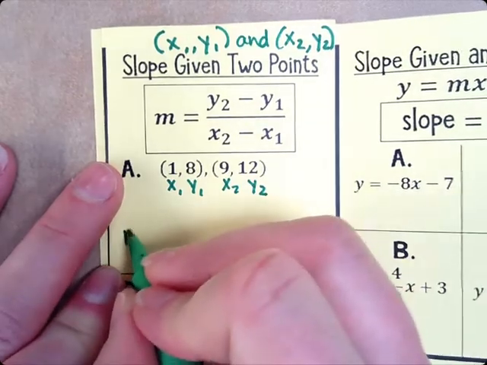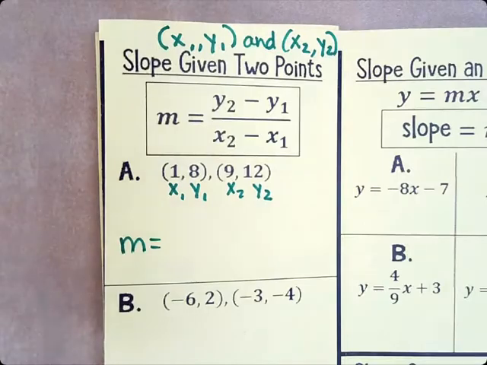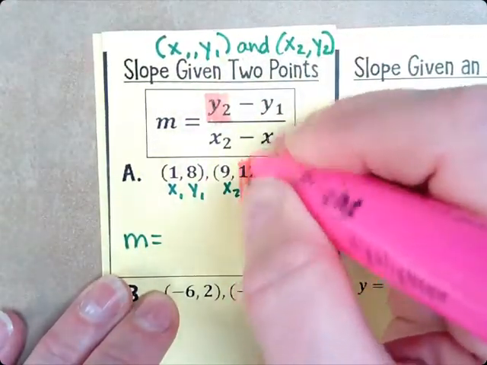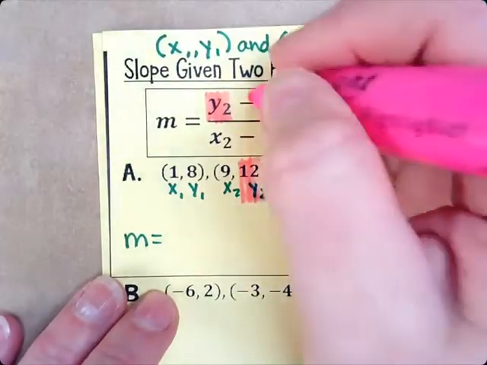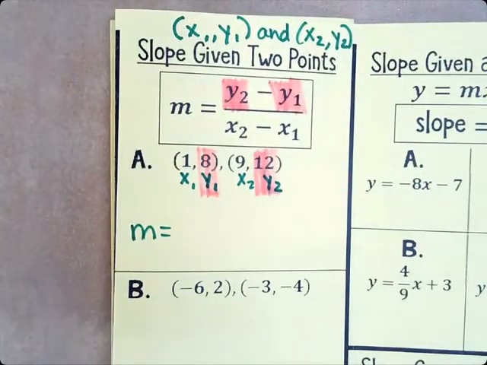Now I'm going to use my formula. It says Y2, right? So this is Y2 minus Y1. You have to put it in that order. I'm using a highlighter.